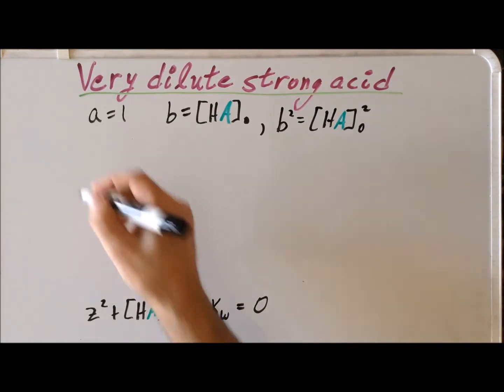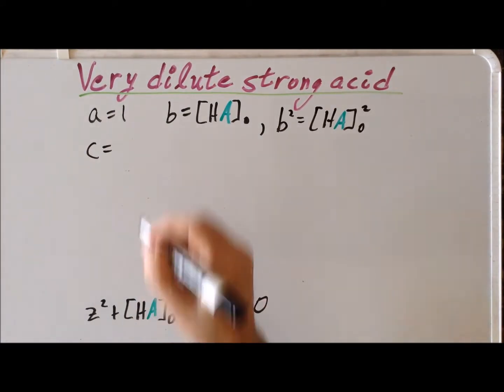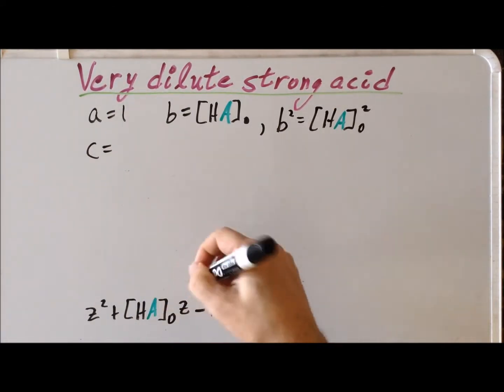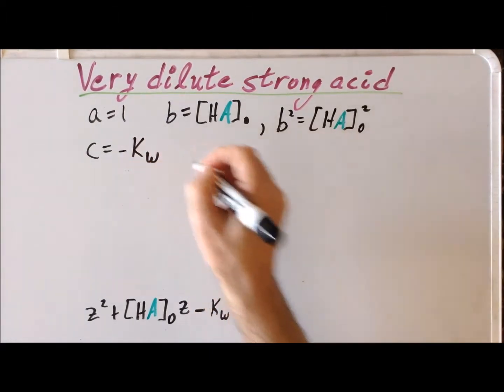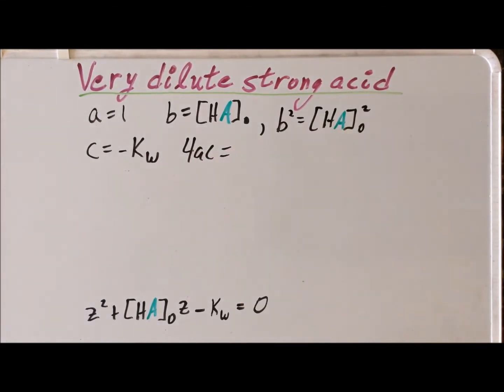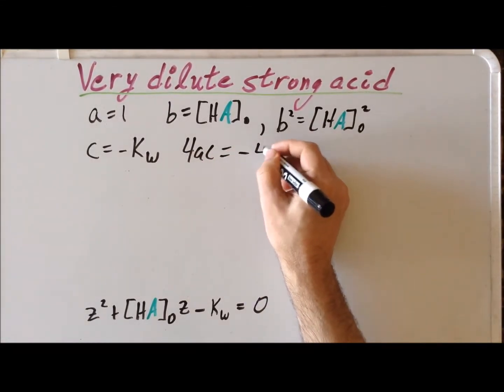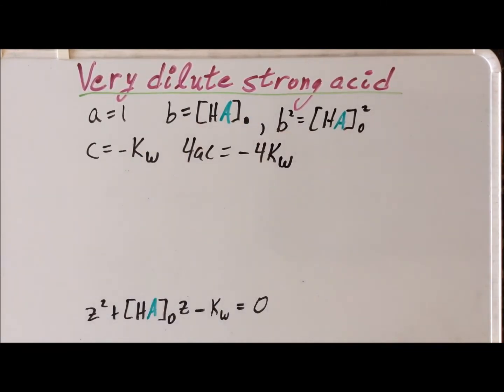We notice that c, the constant term, is equal to minus K sub W. So therefore 4ac is equal to minus 4 times K sub W. So we have all the necessary parameters to solve this particular quadratic equation using the quadratic formula.